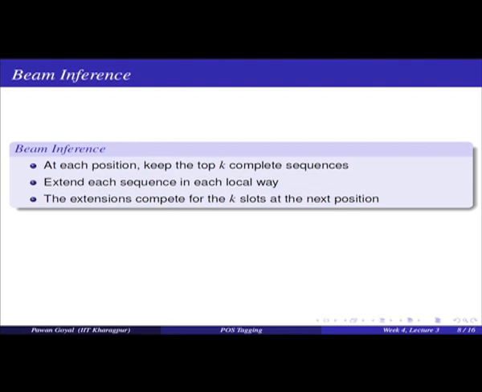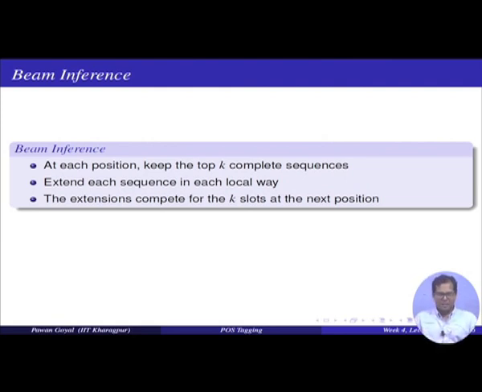In beam search, you have positions in the sentence starting from 1 to the end. At each position you will keep only the top k possible sequences, and next time, starting from these k complete sequences, you will find out the next k best sequences.